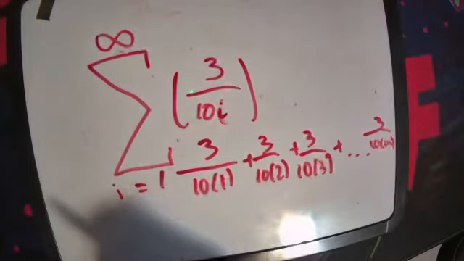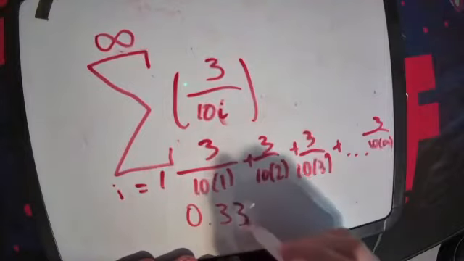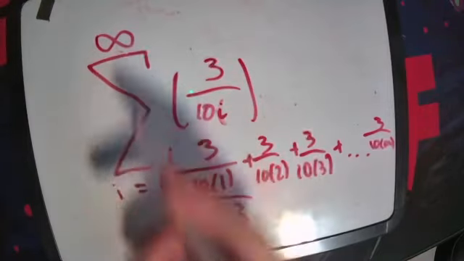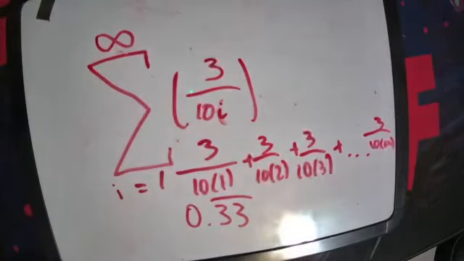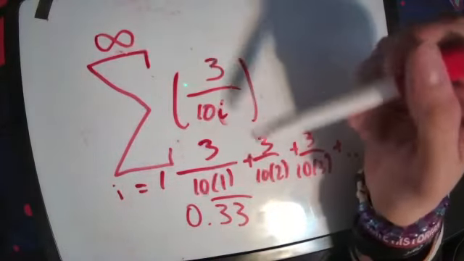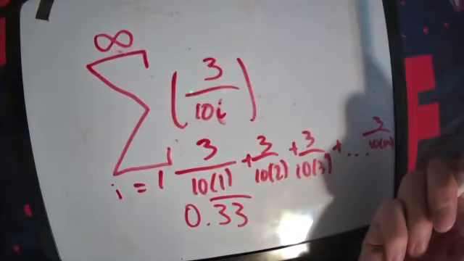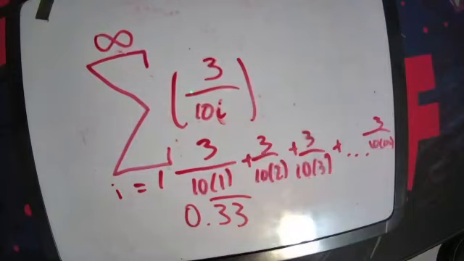So our answer for this would be 0.33 repeating. This is also something common that you would see. And if the numerator is greater than the denominator and n is equal to infinity, the answer will also be infinity, or it would be incalculable because you have so many terms you need to add up.